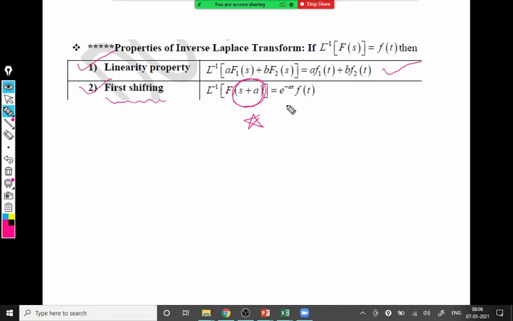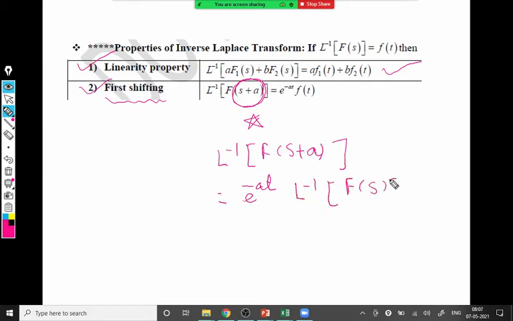Then we can say L inverse of F of s plus a, suppose the function is completely in the form of F of s plus a, we can take e raised to minus at outside, and then L inverse of F of s. So what we are actually doing is shifting s plus a to s, by taking e raised to minus at outside the L inverse operator.